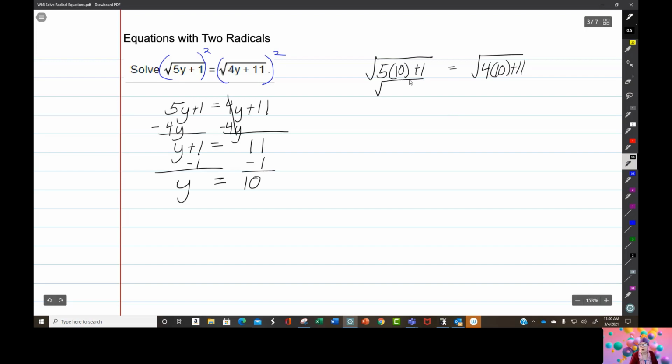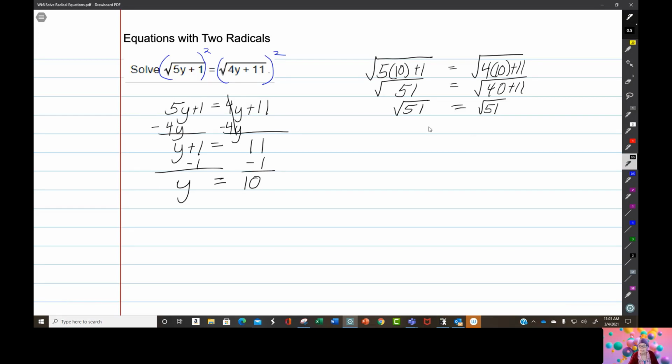The square root of 50 plus 1 is 51 equals the square root of 40 plus 11 equals the square root of 51. Those numbers are exactly the same.